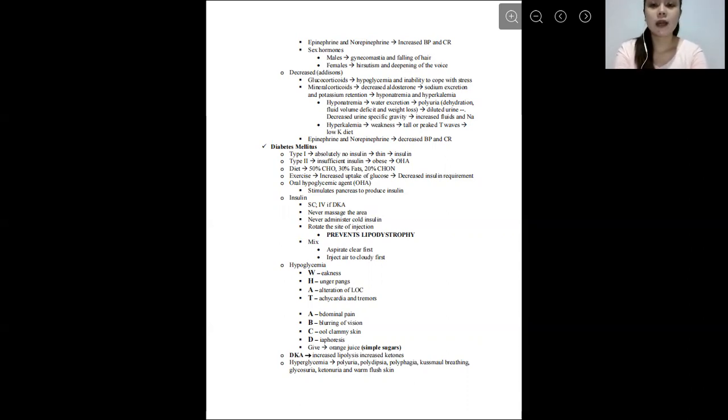Aspirate clear first, then inject air to cloudy first. First we aspirate air to the desired units, then release it to the NPH, then the regular insulin. Then first aspirate is the regular, after that the NPH.